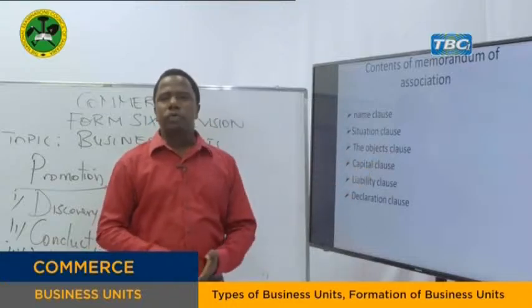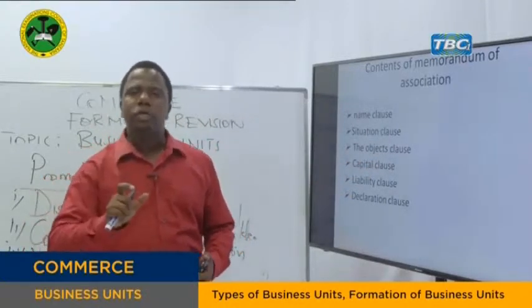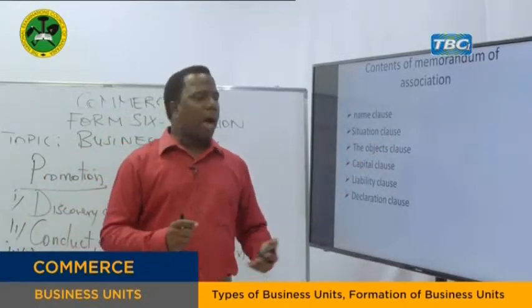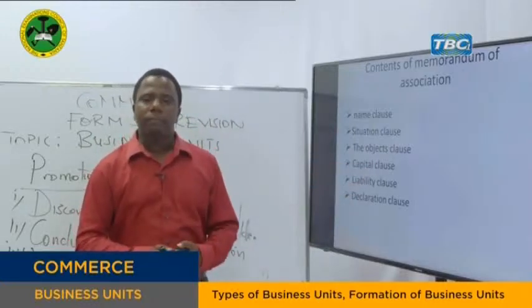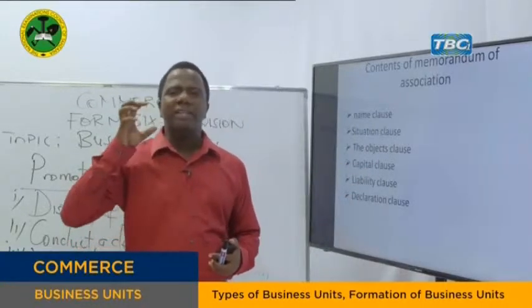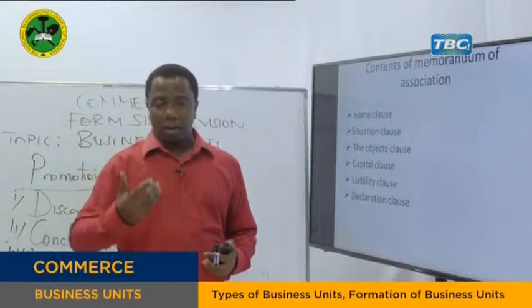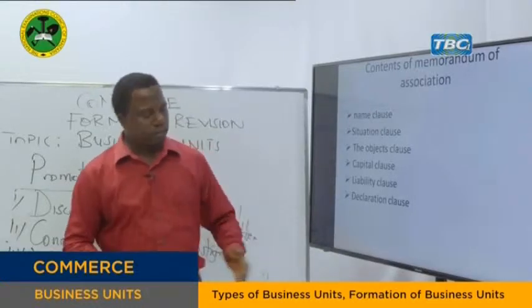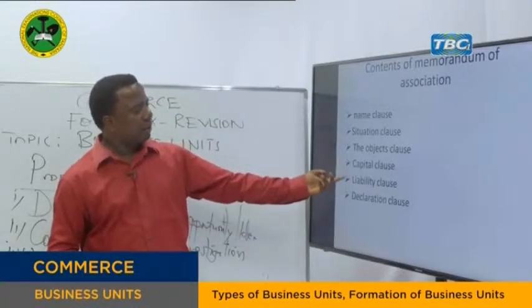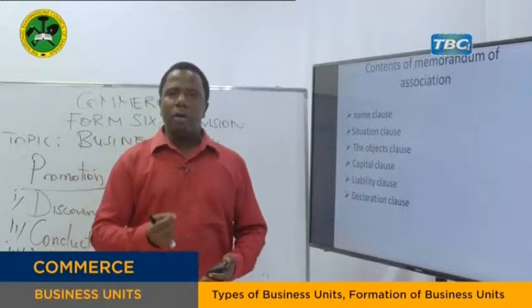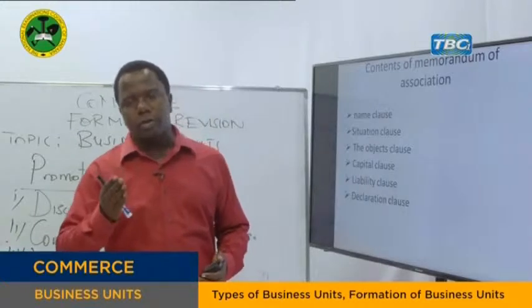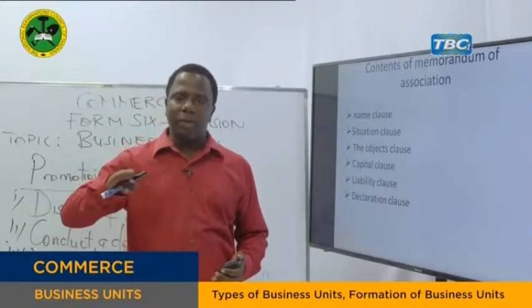Then the capital clause shows the capital of the company. Under this clause, you will see the authorized capital of the company, but also the minimum capital of the company, because before registration, a company should raise a minimum capital.